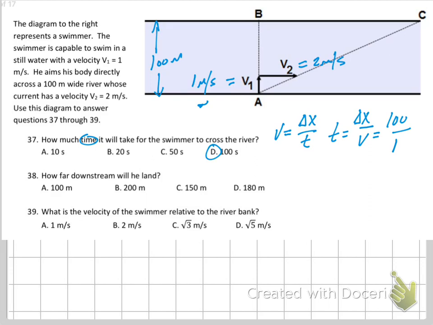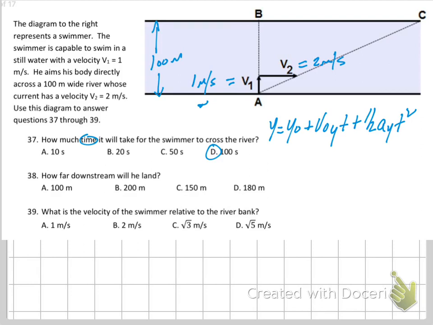Another way of solving this problem: we're looking for time and we have distance, so we could use the second kinematic equation in the vertical direction. y equals y naught plus v naught y t plus 1/2 the acceleration in the y direction times t squared.